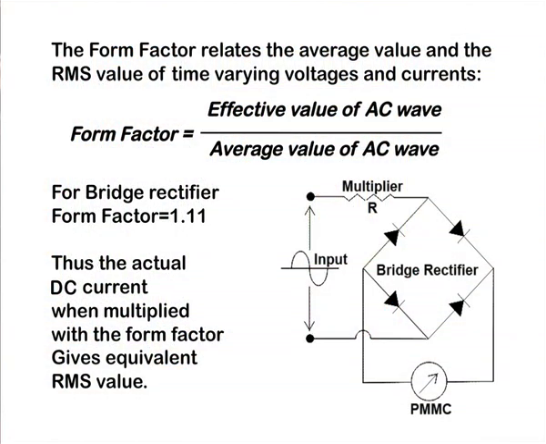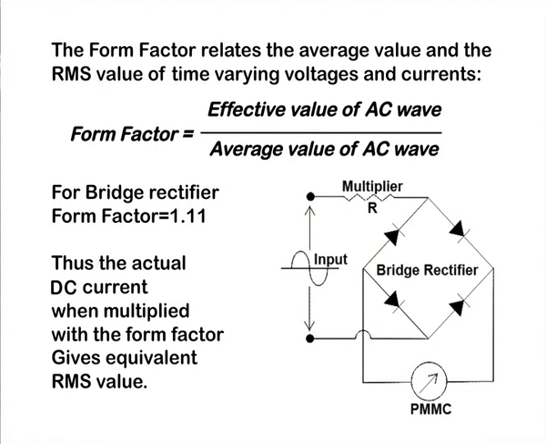So, by multiplying the form factor with the DC value that has been read by the meter, we obtain the effective value of AC. Now, this form factor is a constant value. For example, for the bridge rectifier, the form factor comes out to be 1.11, and so by multiplying the value of DC which has been read by the meter by 1.11, we obtain the effective value of AC.